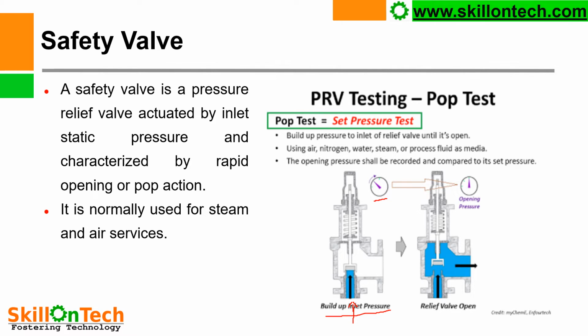When this pressure increases and comes to the set pressure, the safety valve will pop up and the overpressure will be released from the outlet. This gives a popping action and a sound will come, and you can see the overpressure is released. That is called pressure relief valve testing, or a pop test.